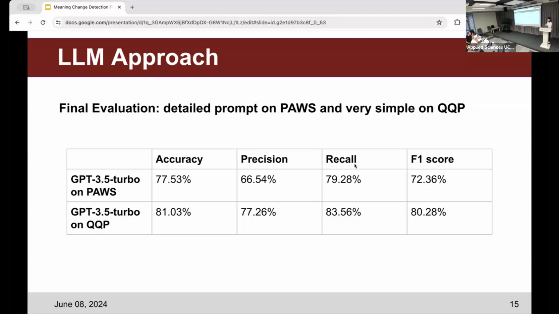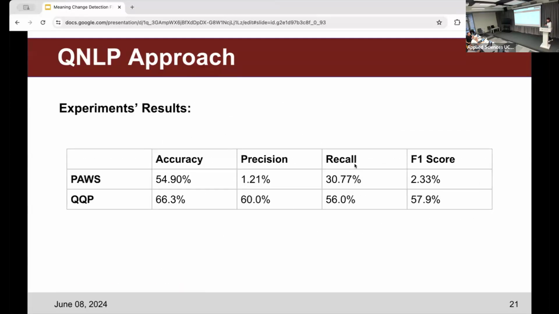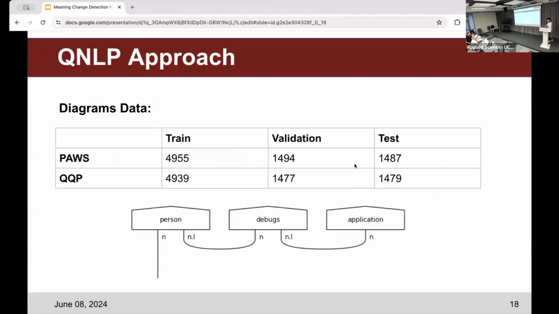And also about those QNLP results, you reported the matrix, but if I recall correctly, you mentioned that you didn't convert the whole data set, right? So it was just a sample of the data set. What was the sample size?